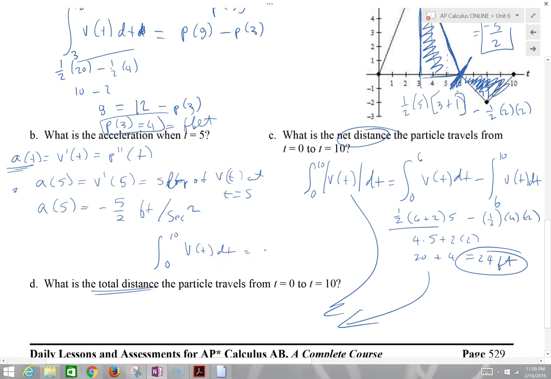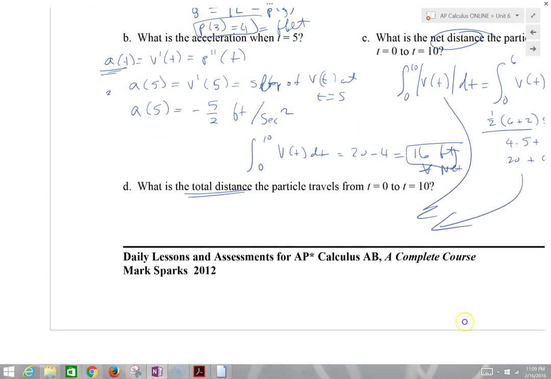We already found the first one was 20, but we don't have the absolute value, so we're going to subtract out that 4 and get 16 feet. Which is what happens when you don't read carefully. Net distance was 16, and total is 24.